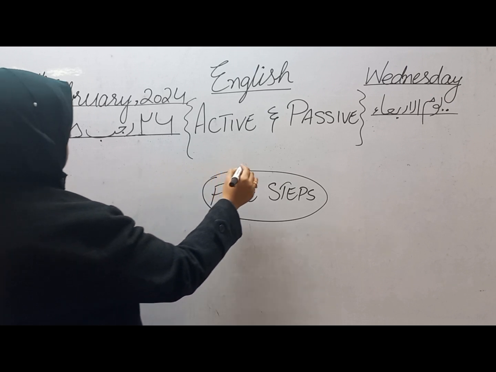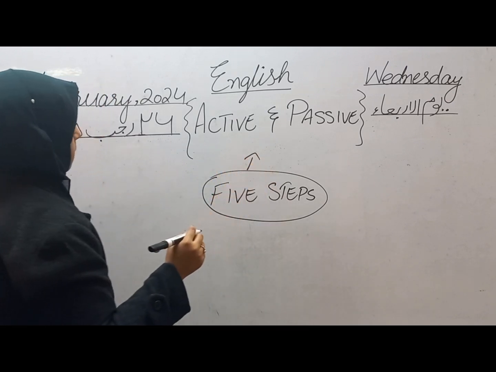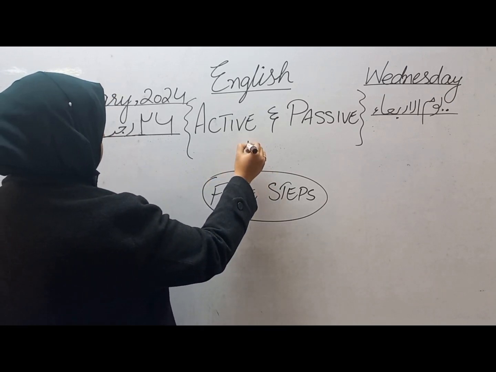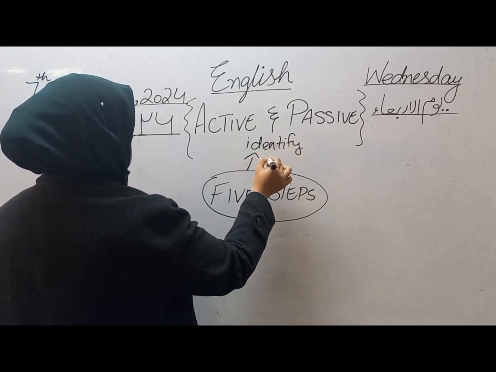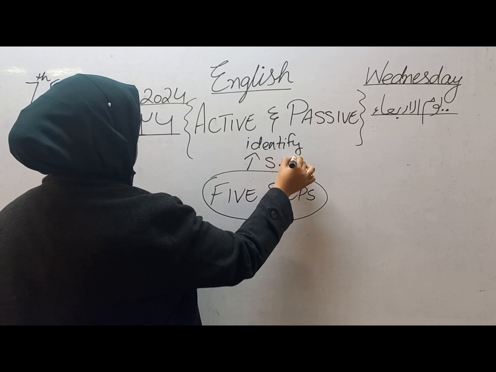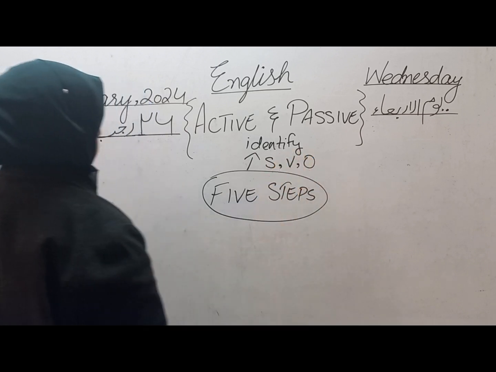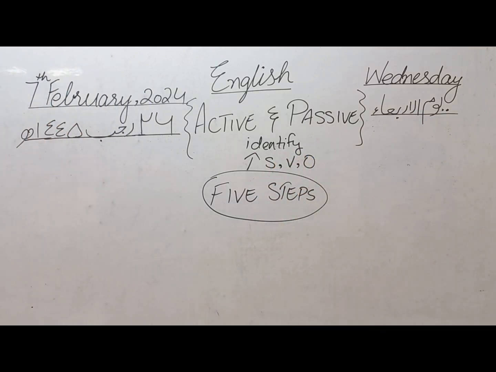The very first step while converting active into passive voice is you need to identify subject, verb and object. Right? Whatever the sentence is in front of you, you need to identify these 3 things: a subject, a verb and an object.